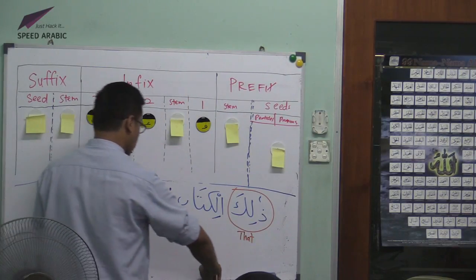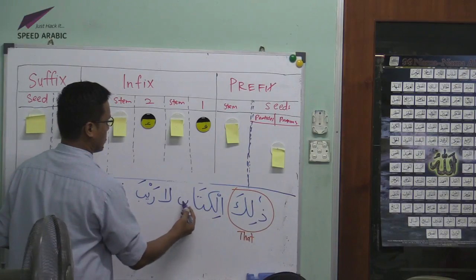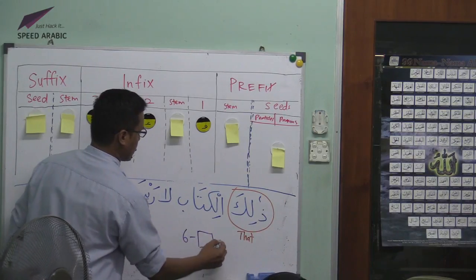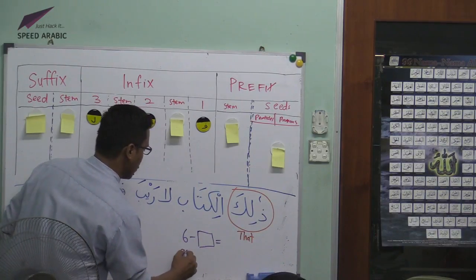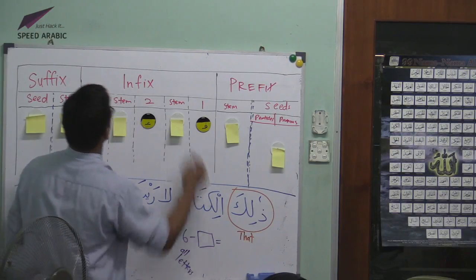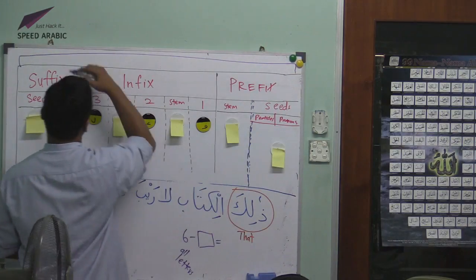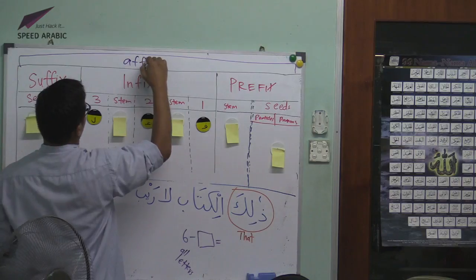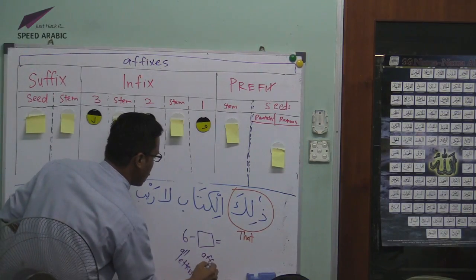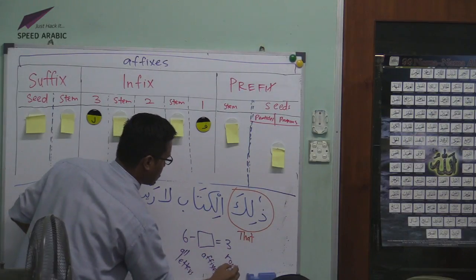How many letters are there? 6 letters in all, minus affixes. This is what we call all these prefix, infix, suffix: affixes. So 6 minus all affixes is equal to 3, which is the root.